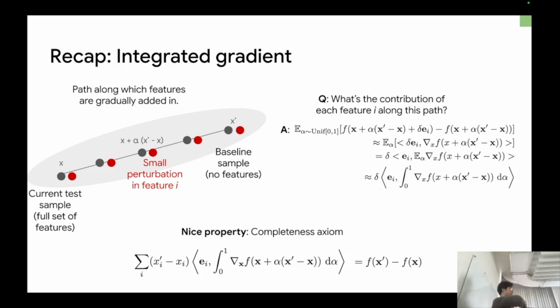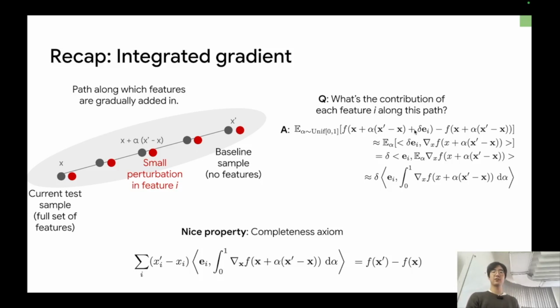This is possible, right? You draw a linear line, and then along the line, you take a look at what kind of changes adding a feature i makes along this line. And you basically sum up all these directional changes along the path. And that becomes your integrated gradient for feature i.